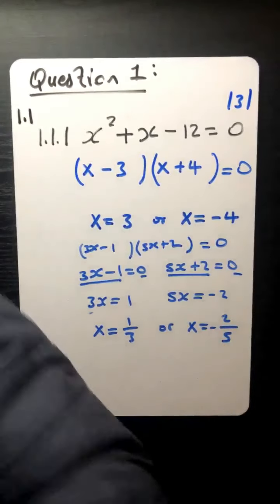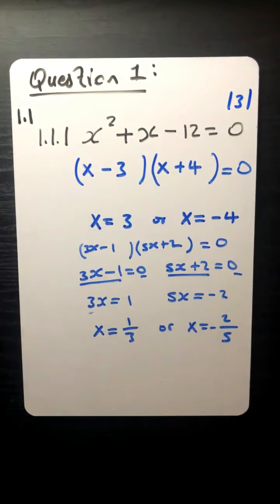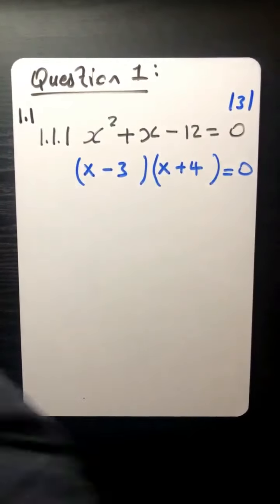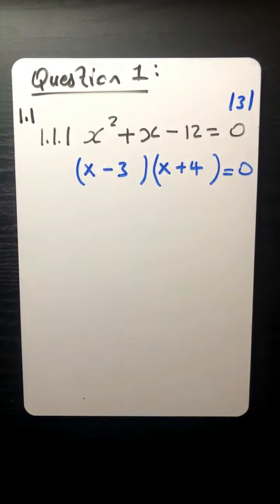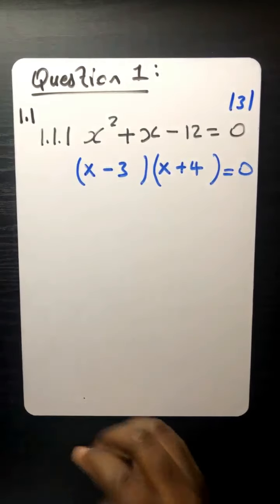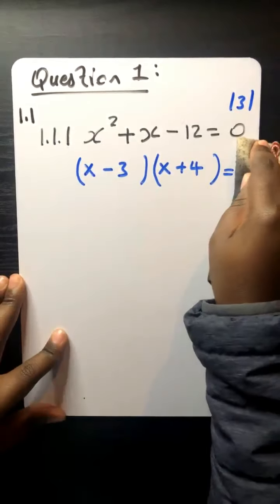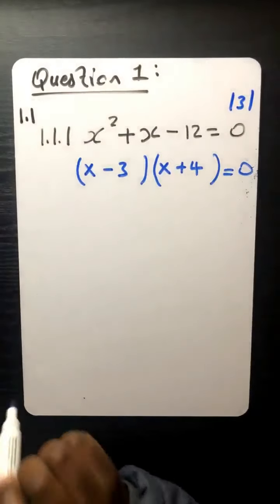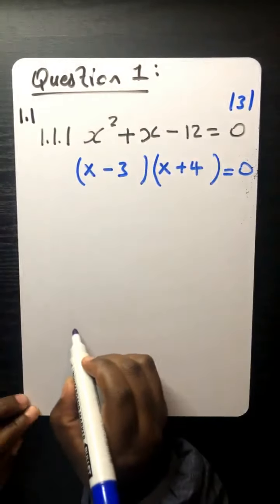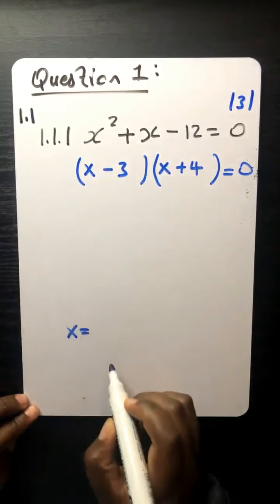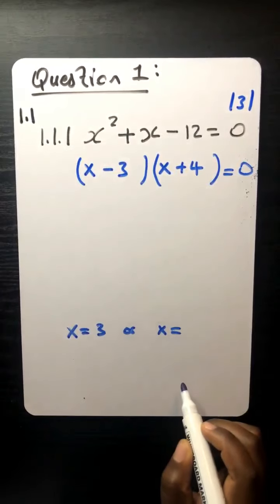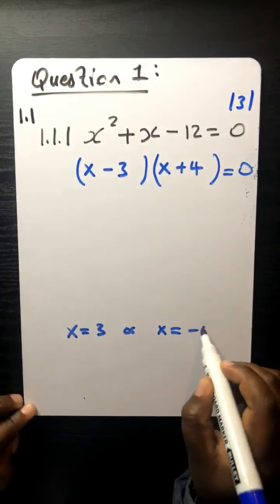So I'm going to tell you guys a secret. Please make sure that you keep this secret to yourself. I want to tell you guys how the examiner actually sets that question, because already we know that our first final x value is equal to 3, or our other x value, what is it? It's negative 4.